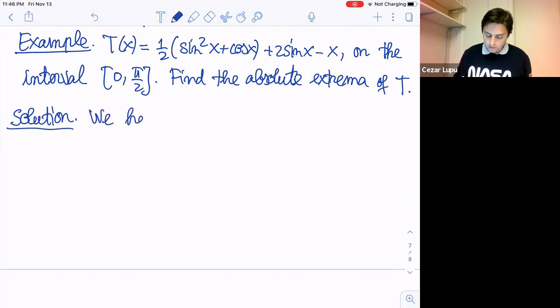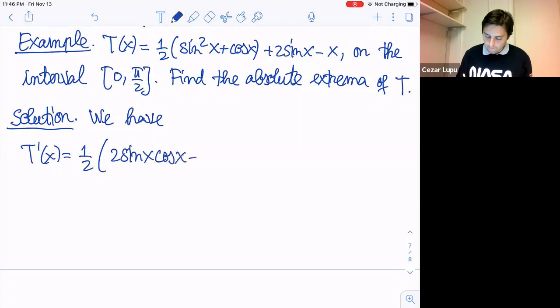So t prime of x is 1/2 times, this will be 2 sine of x cosine of x minus sine of x plus 2 cosine of x minus 1.